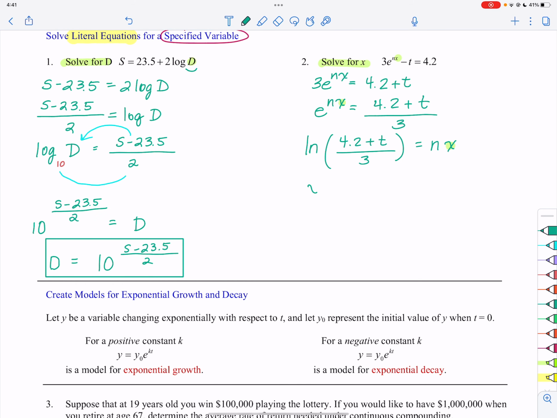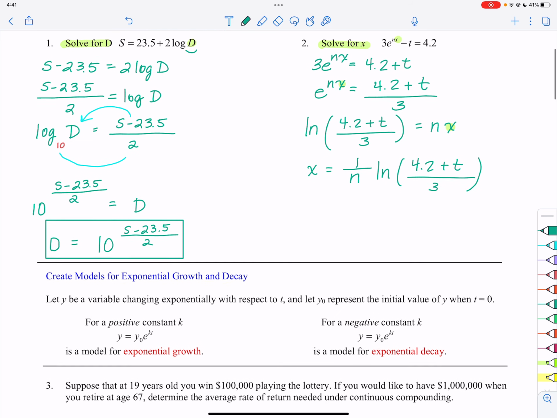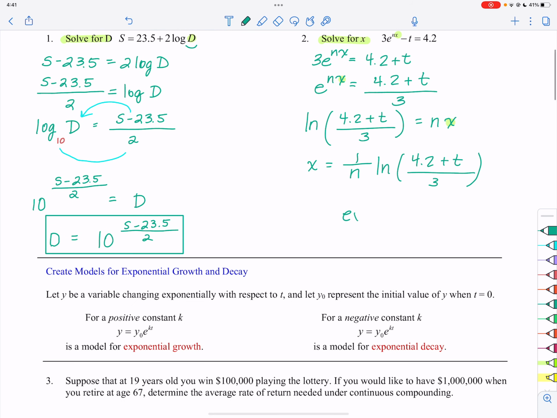Now we are just needing to solve for x. So we can say that x is equal to, let's divide both sides by n, and then we have the natural log of 4.2 plus t divided by 3. And these are what we call exact answers, because we still have this other variable that, of course, we couldn't put in our calculator.